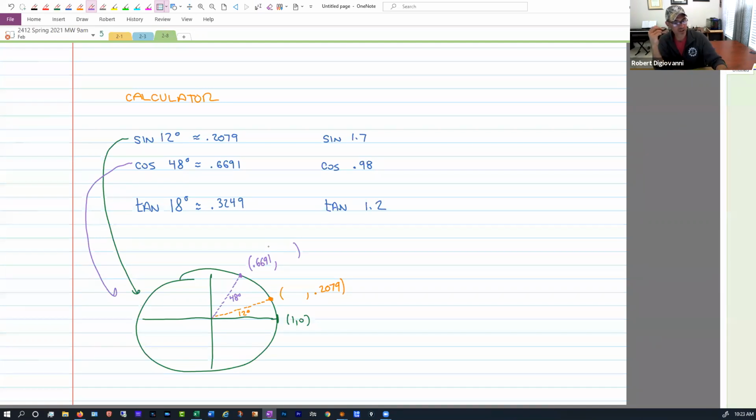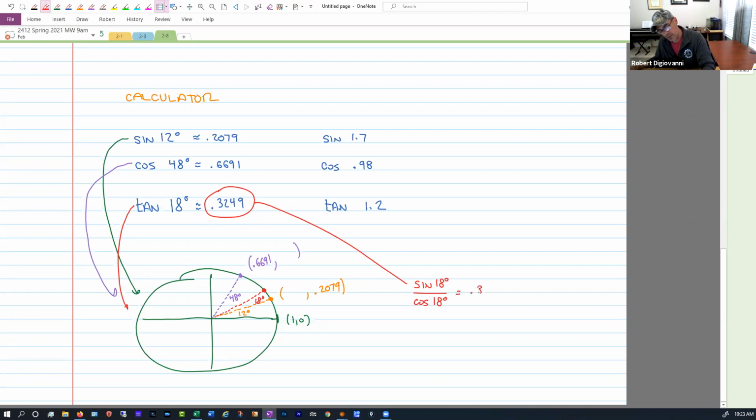And then tangent of 18 degrees would mean if you go to 18 degrees, well, tangent gives you the sine over cosine, doesn't it? So this is a weird answer because this answer is sine of 18 degrees over cosine of 18 degrees.